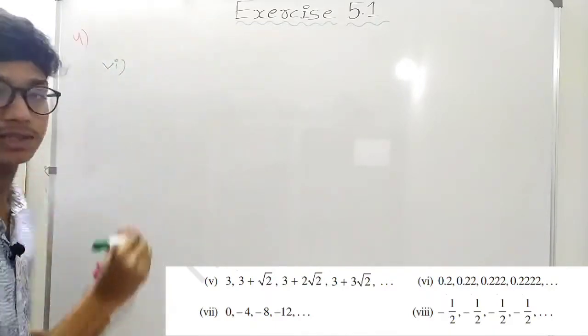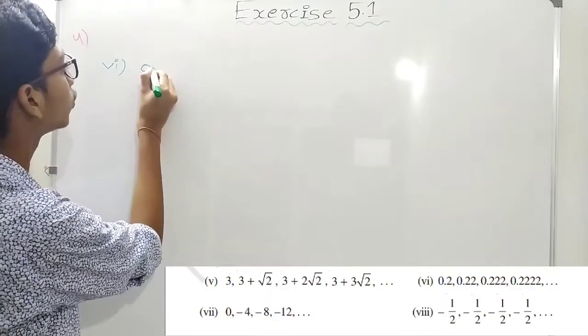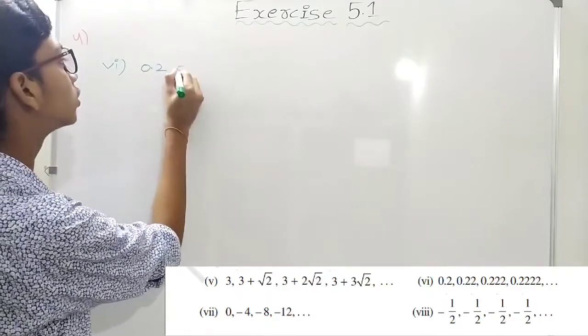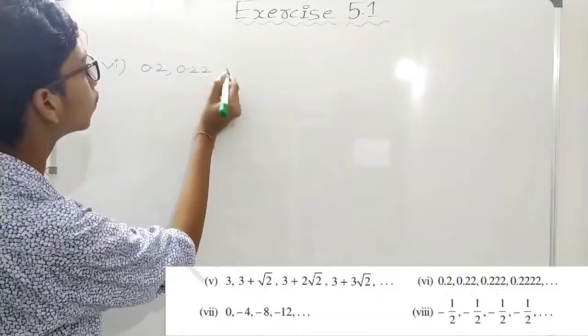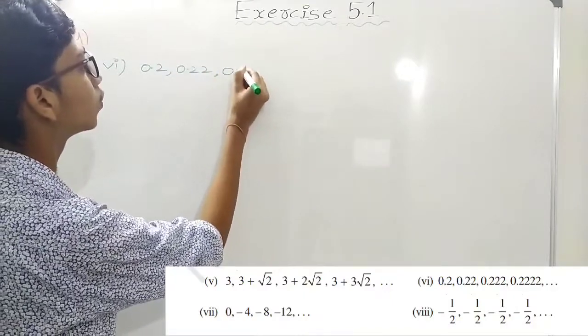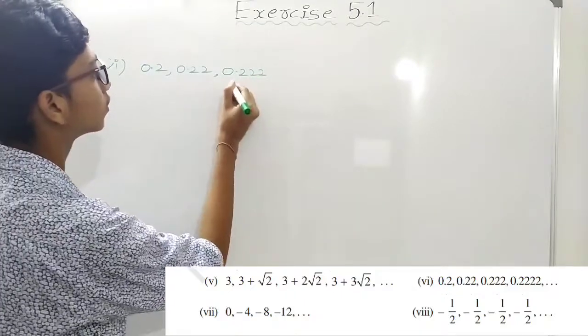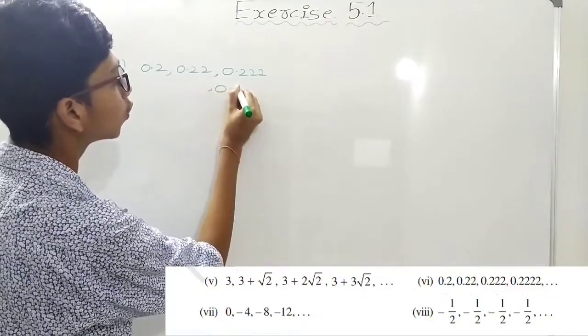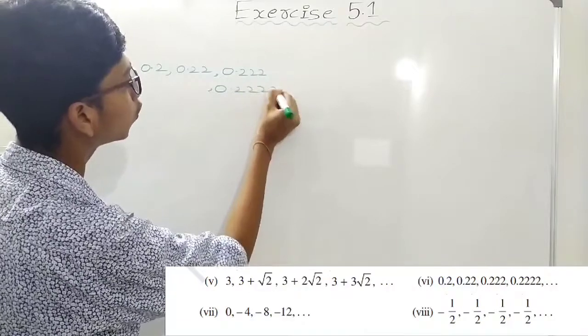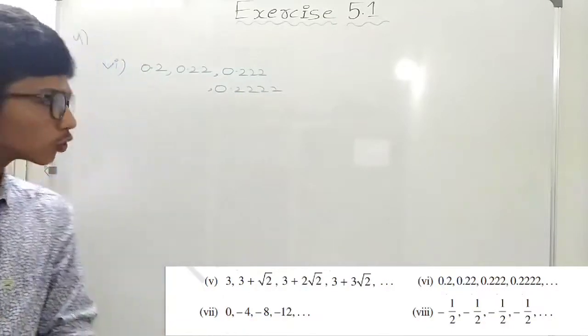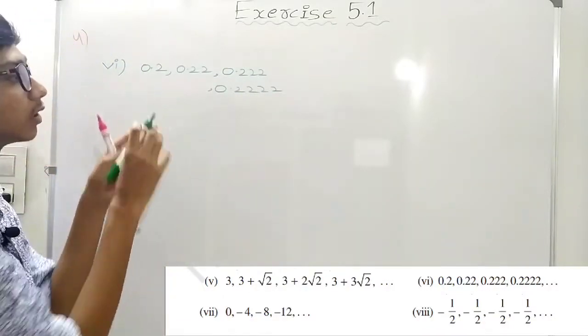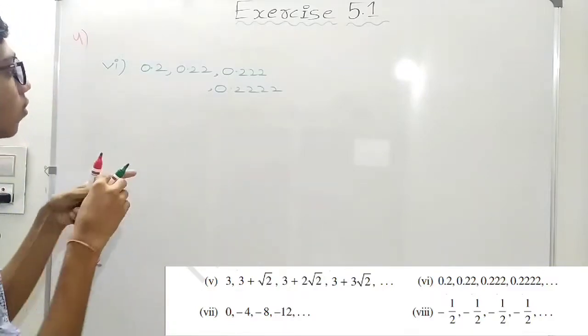Question number 6 is given: 0.2, 0.22, 0.222 and 0.2222.